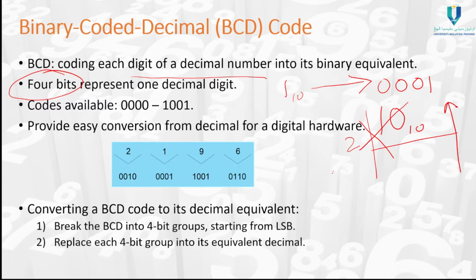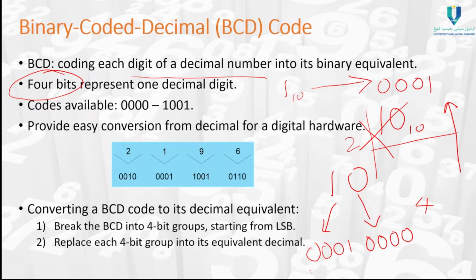Instead, we convert each digit into a binary number on its own. For example, 0 in binary is of course 0000, using 4 bits. Remember, we have to use 4 bits to represent each decimal number. And 1 is 0001.